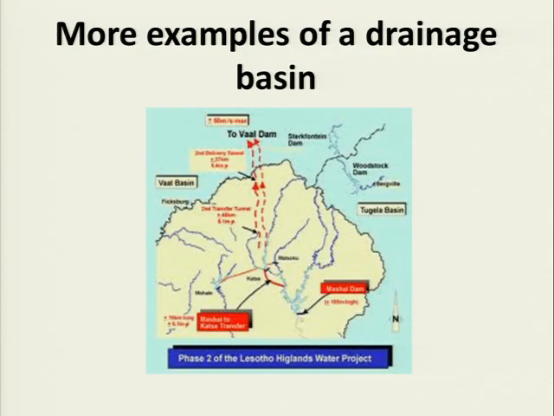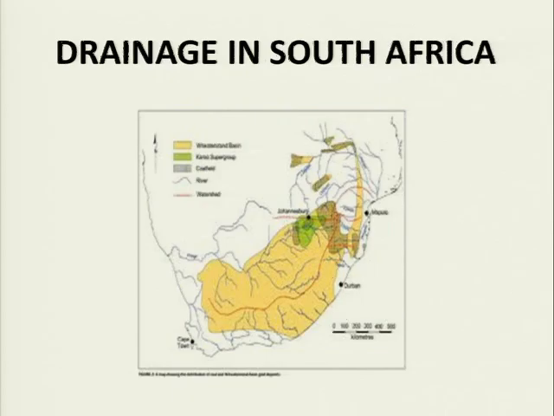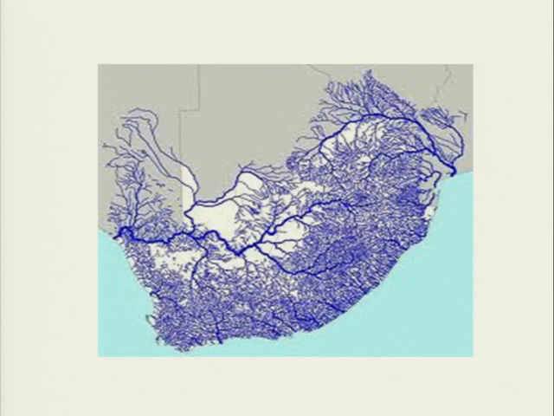There you will see an example of phase 2 of the Lesotho Highlands Water Project and its drainage basin. You will see it covers a huge area. There is an example of drainage in South Africa. And in this one, you will see all the rivers in South Africa and their drainage basins. Now, if we look at this picture, you will clearly identify the Limpopo River, the Orange River, and the Vaal River.